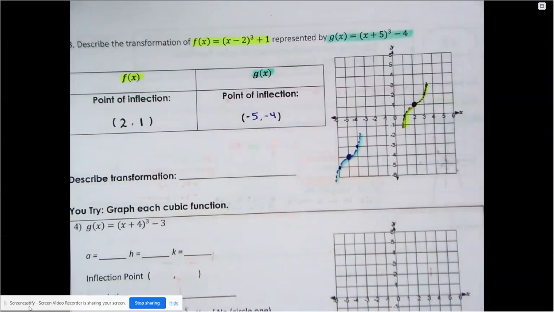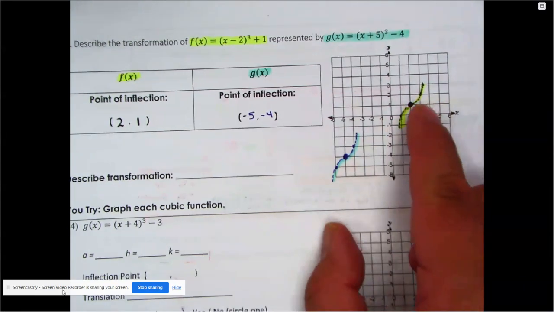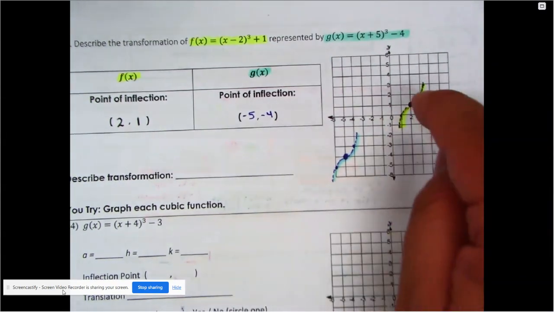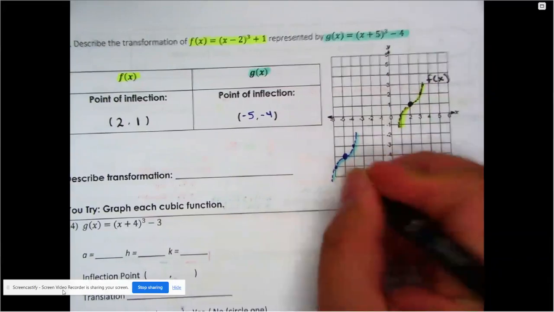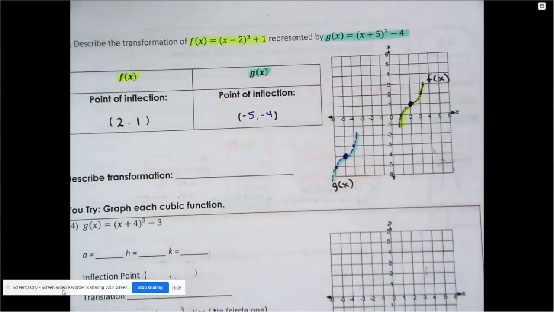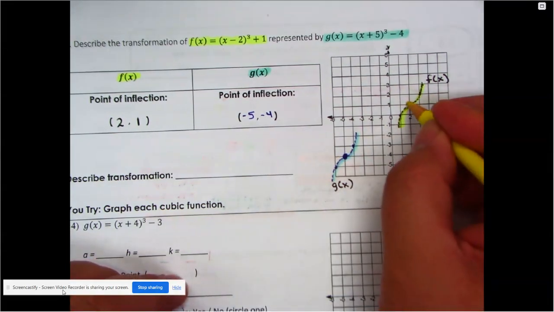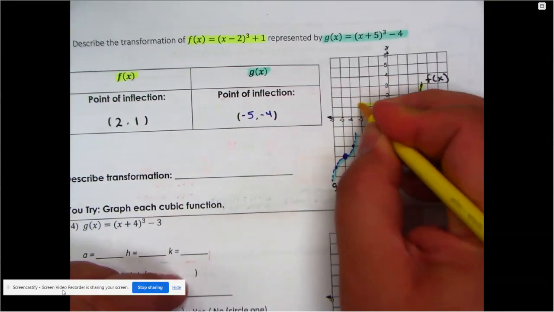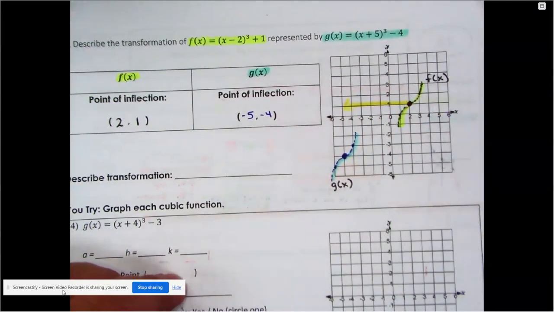And all they're asking is for me to describe the transformation from f of x to g of x. Well, all we have to do is just look at one point. So if we look at it carefully, for me to get from this point to this one, we have to go this way, about that many spaces right there.